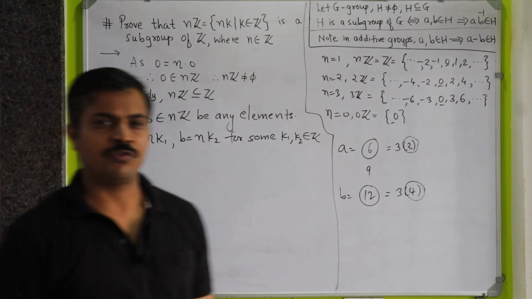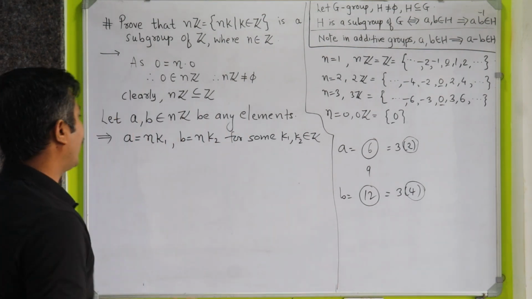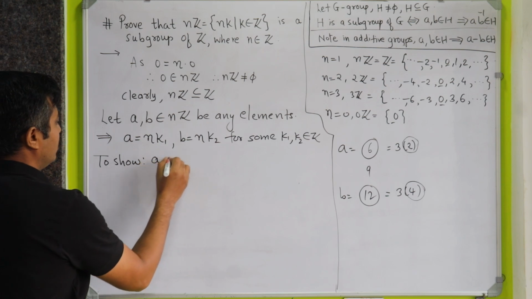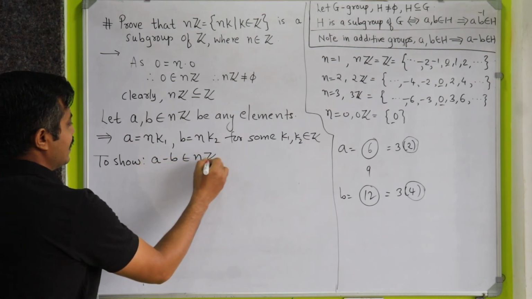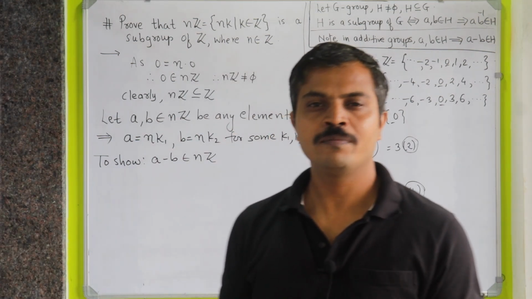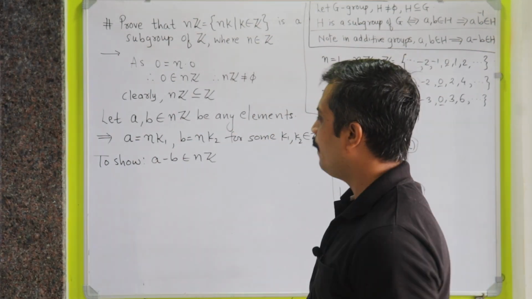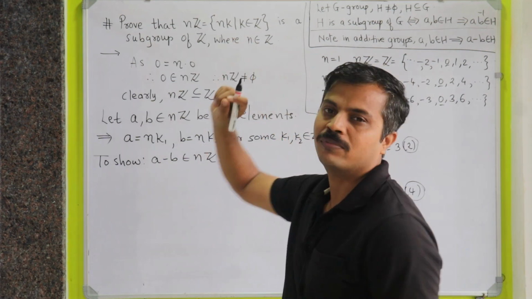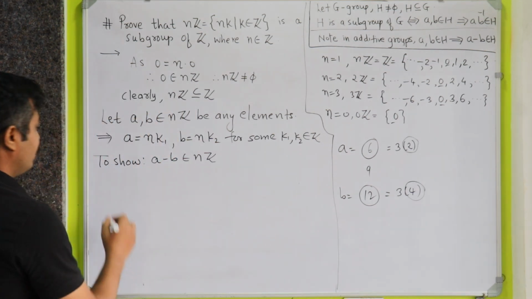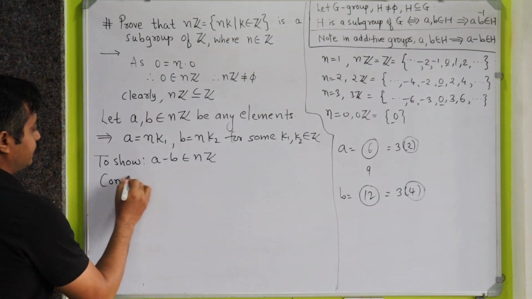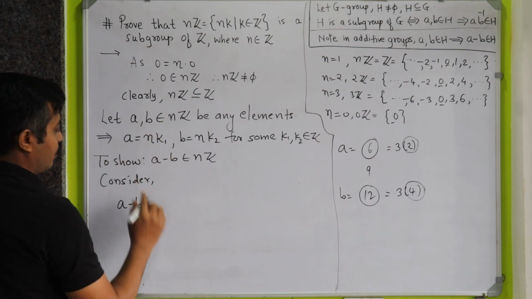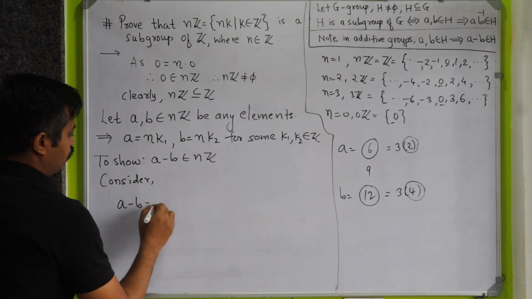Now what do we have to show? We have to show that this a minus b is actually a member of nZ again. But in order to show it, what do we have to show? We have to show that this a minus b is a multiple of n. So I will start with a minus b. Consider a minus b. We already know the values of a and b, we can just put those values.